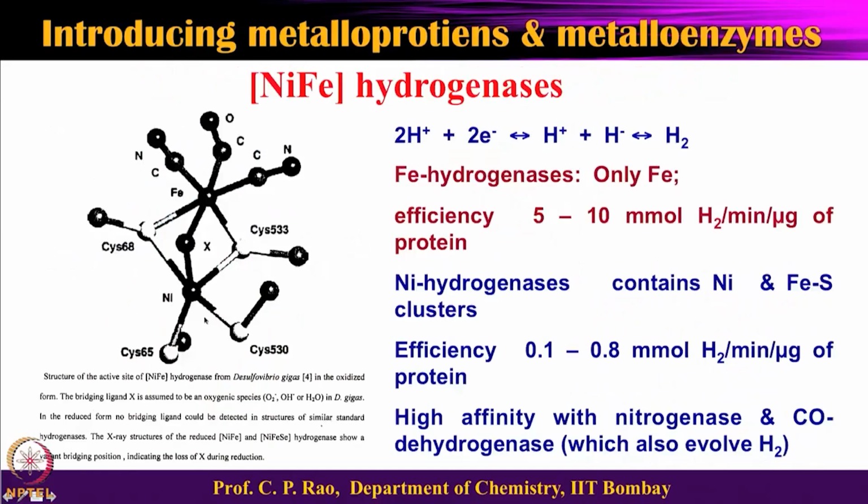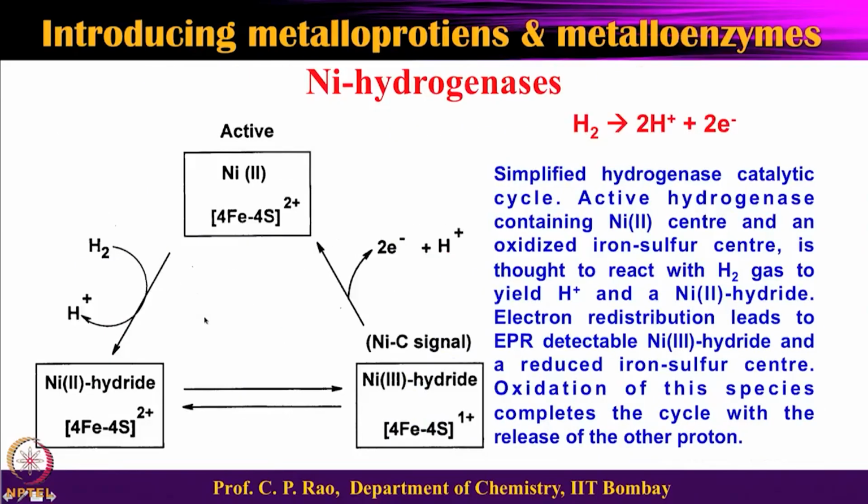So, we have nickel in the nickel 2 form and the iron sulfur cluster in the 2 plus form, which is the oxidized form, and this is sufficient to accept the hydrogen, and this hydrogen will convert the nickel into a nickel hydride species.